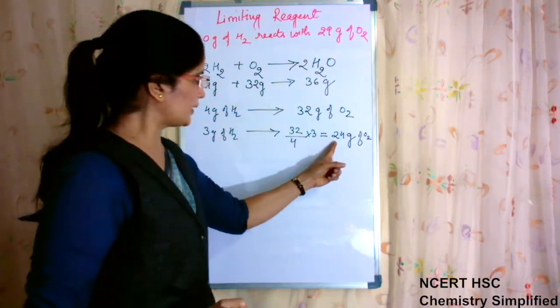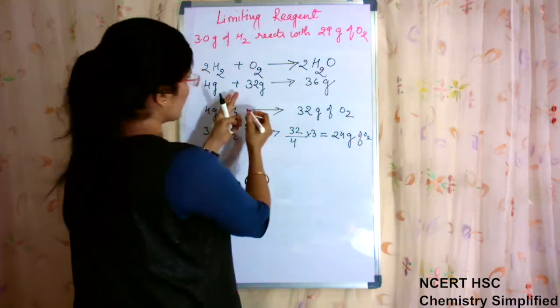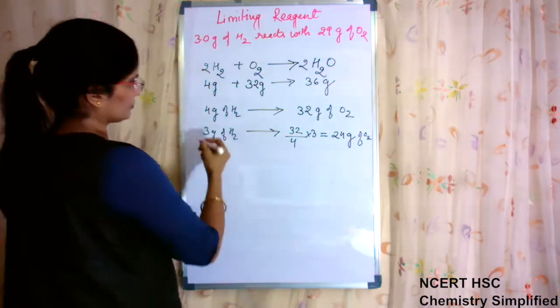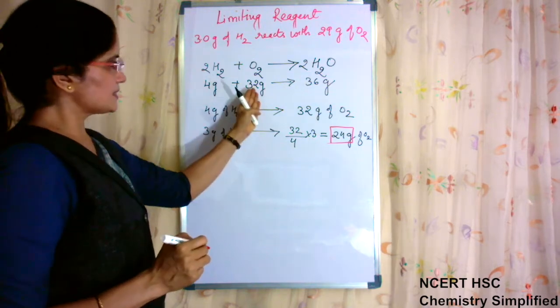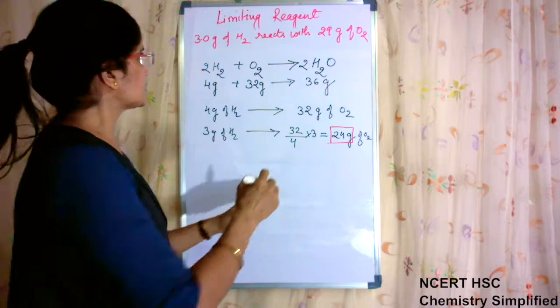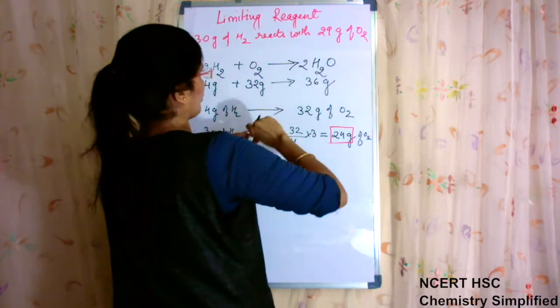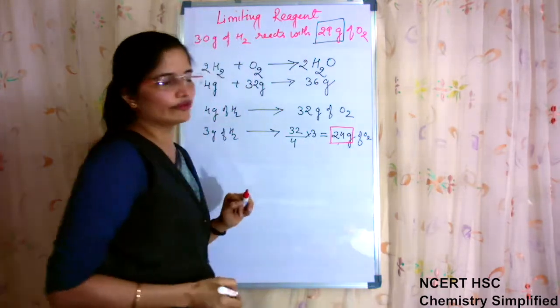Now in this question, according to the balanced chemical equation, 4 grams is reacting with 32, so 3 grams will react with 24. But the amount given according to the question is 29 grams and we require just 24 grams.